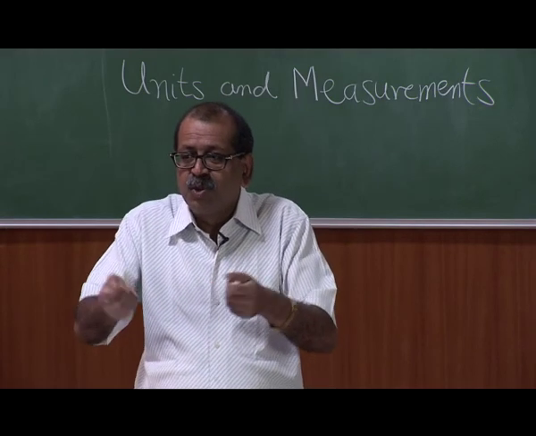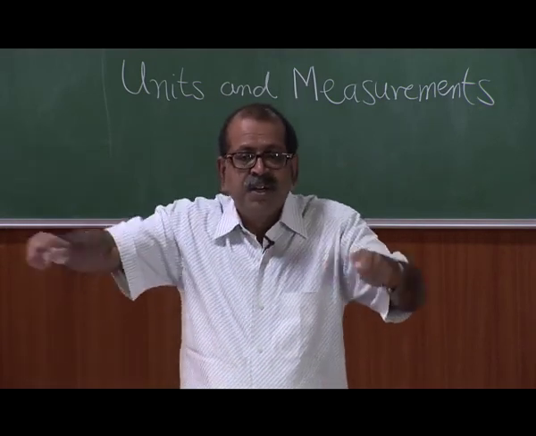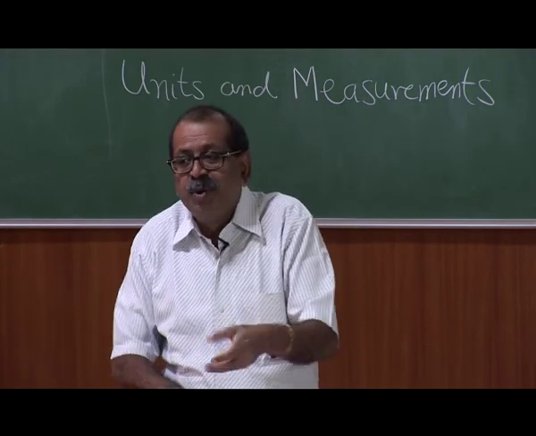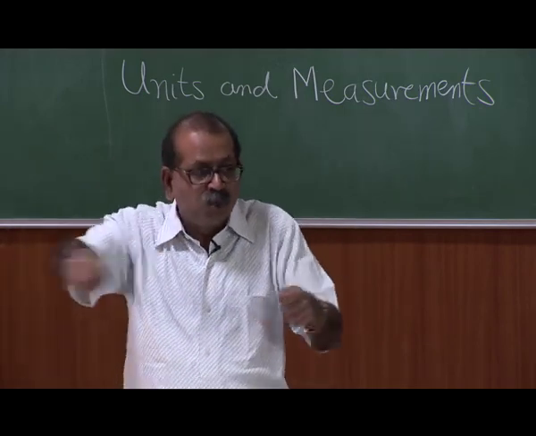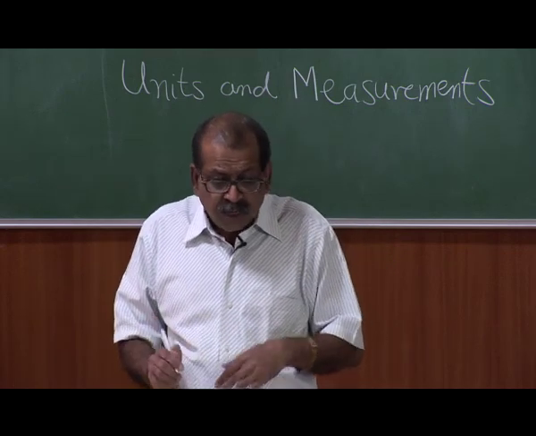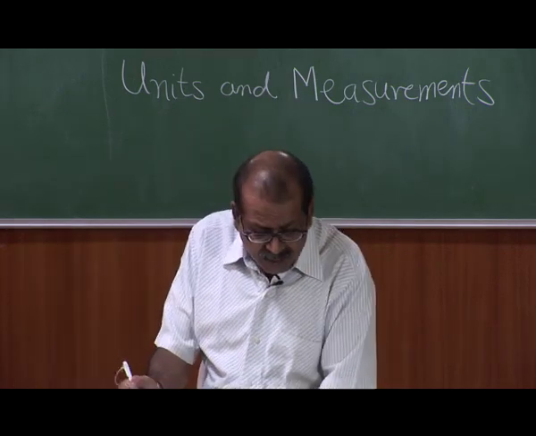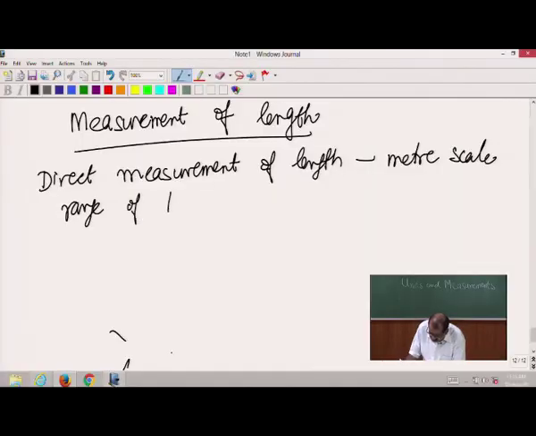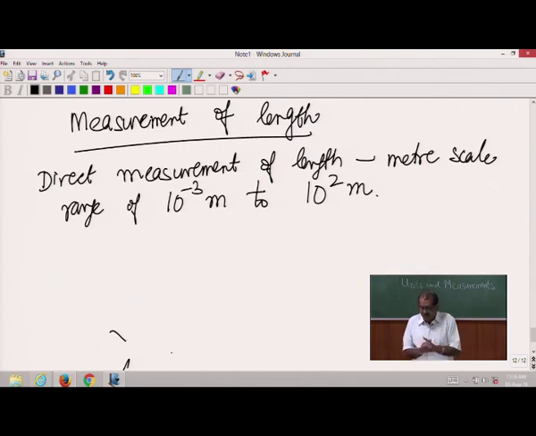Then the person who is selling the cloth takes a meter, puts the cloth against the meter scale, and if you want 2 meters of cloth, then it will be put twice around the meter, and that is how you get this. So, now meter scale, typically this would be used for a range of 10 to the power of minus 3 meters to something like about 100 meters. That is what you would use a meter scale for.